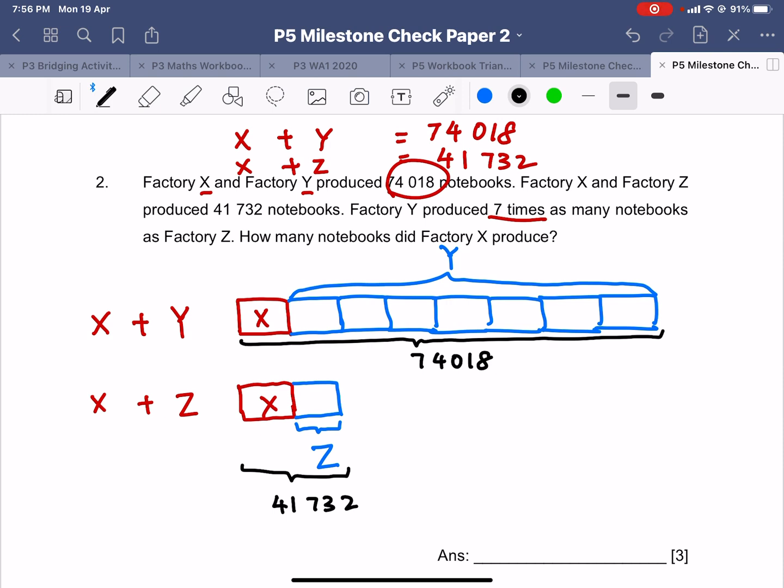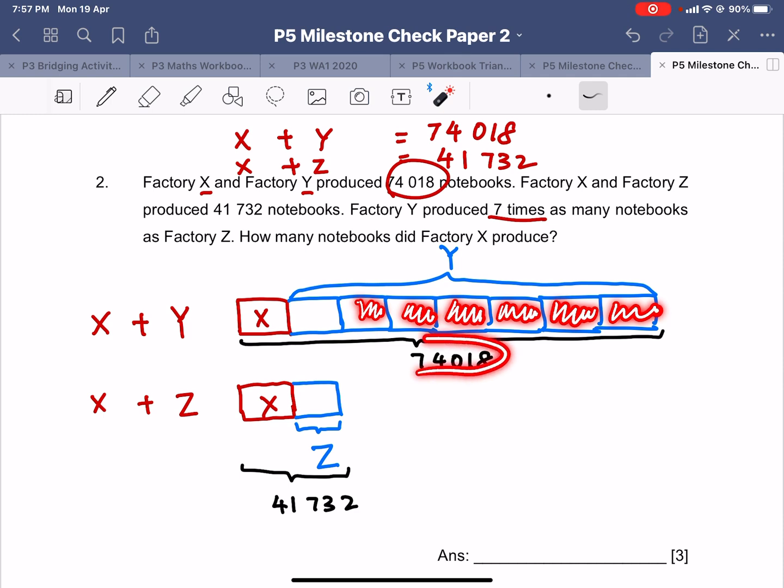Now can you see something? There is an extra box here, here and here. Those that I shaded are the extra boxes that cause this number to be bigger than this number.